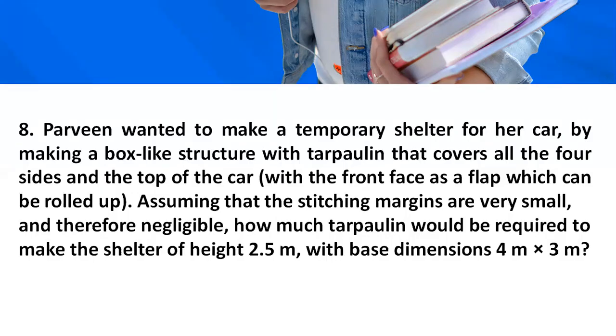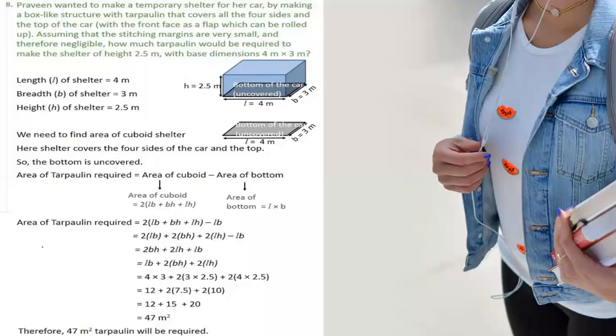So here Praveen has to make a temporary shelter for his car with a tarpaulin cover, which is in the shape of a box and whose height is 2.5 meters with base dimensions of 4 meters by 3 meters. So the length is 4 meters and the breadth is 3 meters. So we need to find the area of the cuboid shelter first, and then the shelter covers the 4 sides and the top of the car.